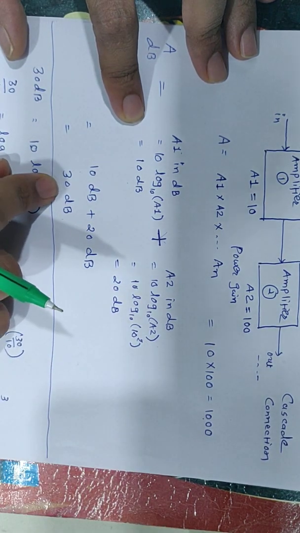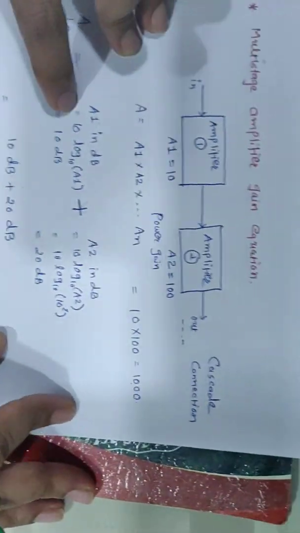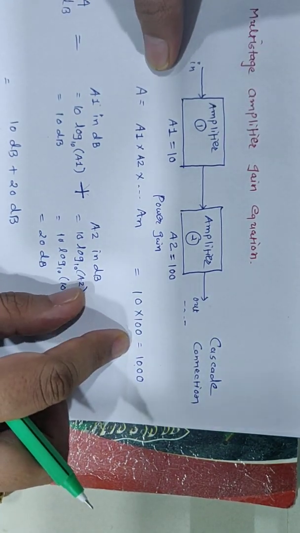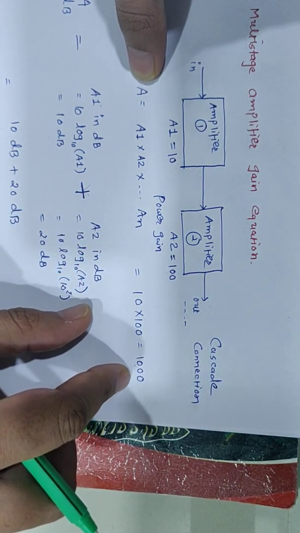So in this case it will become 30 dB. As we have found the normally given gain, in this case we are getting the answer 1000.